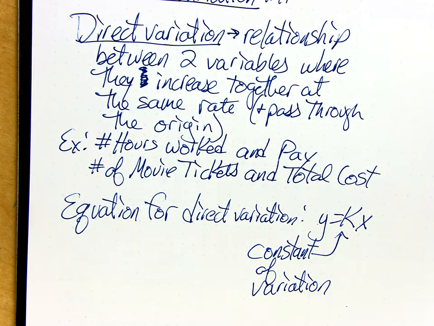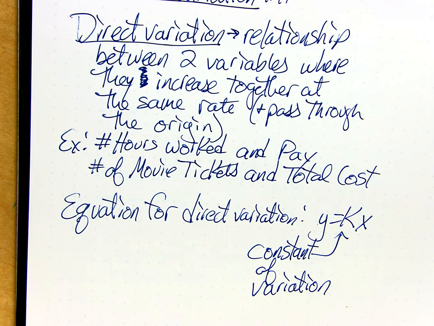So, in the particular example for the movie tickets, k would just represent how much one movie ticket is. And that doesn't change, right? It doesn't matter if I'm 2 people going to the movies or 6 people going to the movies. As long as everyone's an adult, we're all going to pay the same rate, right? The total bill would depend on how many people I'm buying for.